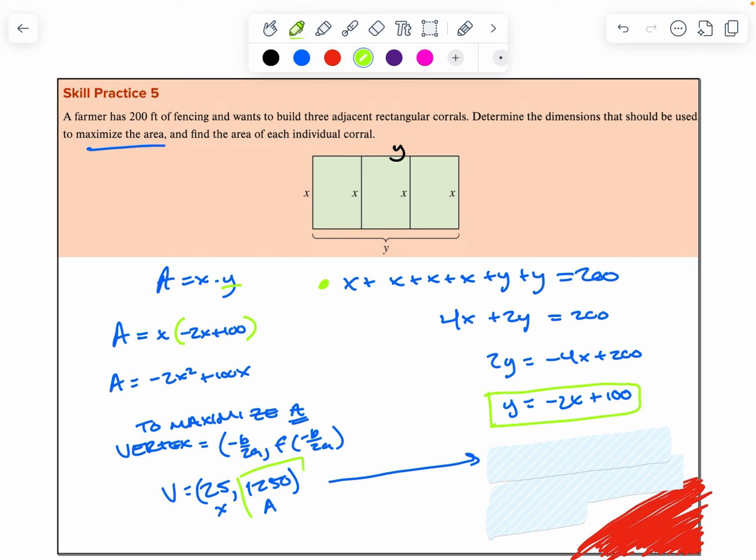If we want to know what y is, because it does say determine the dimensions, right? Determine the dimensions to maximize and find the area. We've got the area. The area is done. We've got the x part of the dimensions. To find the y part of the dimensions, I can just sub an x into my y part. Negative 2 times 25 plus 100, and get 50.